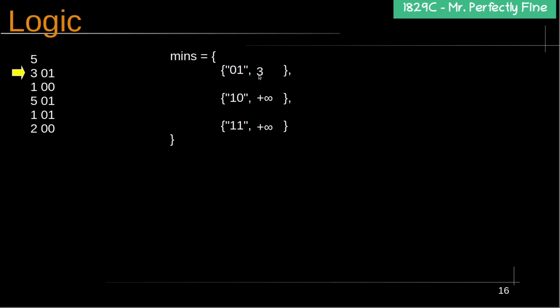So update it to 3. This book we skip. We go to this book. It acquires the skill number 2 in 5 minutes. So we keep 3 here because we have previously found this book in 3 minutes.